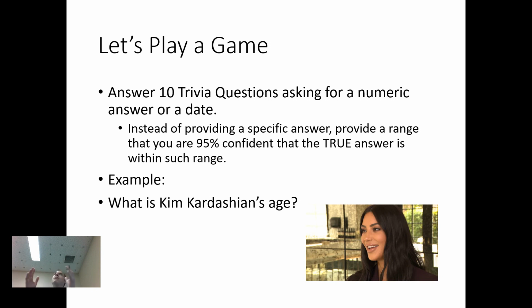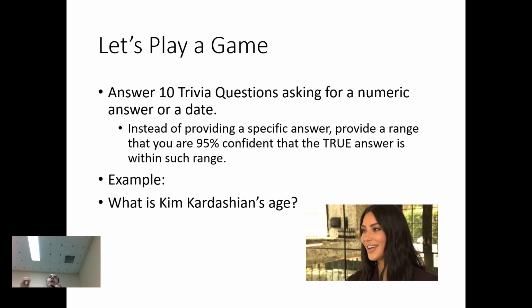I'm going to ask you a question, and the response has to be some kind of date or numerical value. Instead of that single date, I want you to give me a range that you're 95% confident is correct. I'll give an example. What is Kim Kardashian's age? Don't look it up, okay?